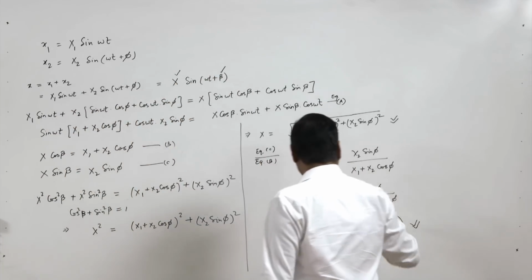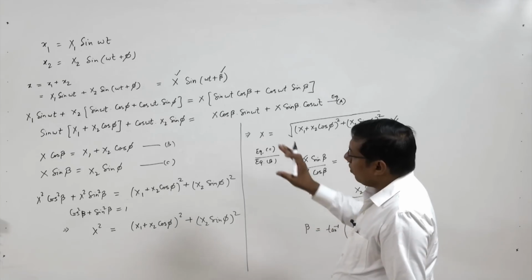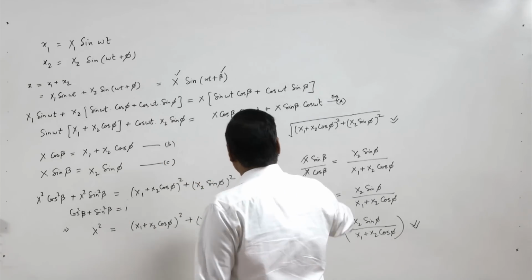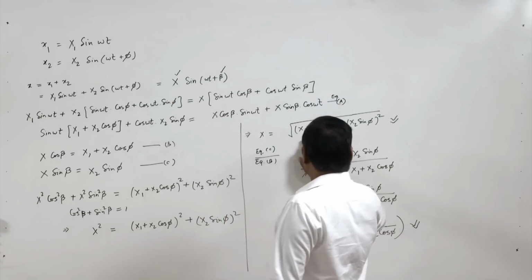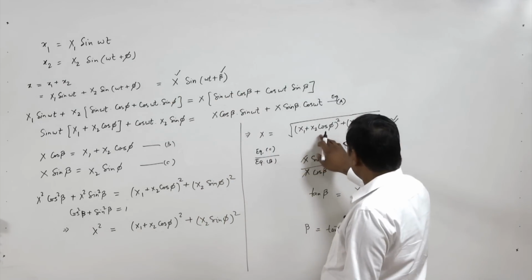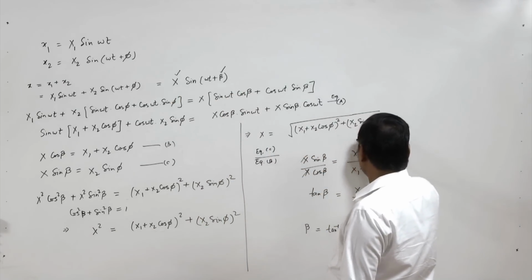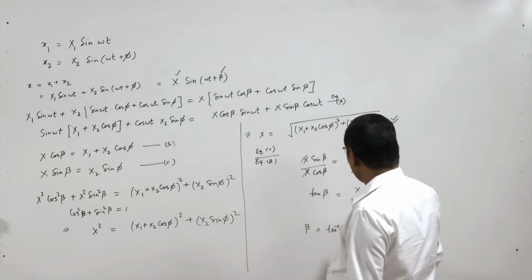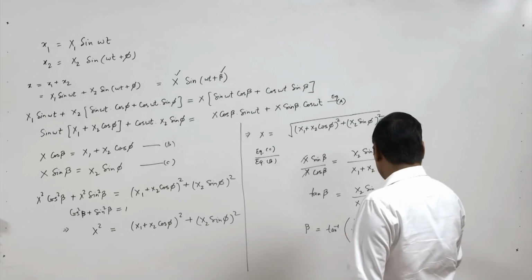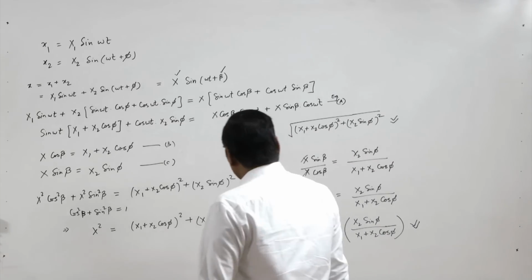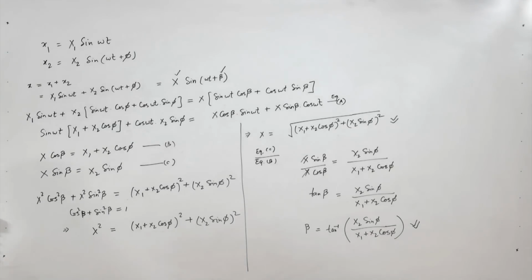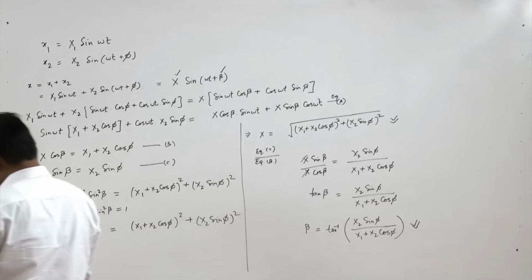It means that the addition of the two motions is x sin(omega t plus beta), where x is under root (x1 plus x2 cos phi) whole square plus (x2 sin phi) square, and beta equal to tan inverse of x2 sin phi upon x1 plus x2 cos phi. So the resultant of two synchronous harmonic motions is a harmonic motion with the same frequency.